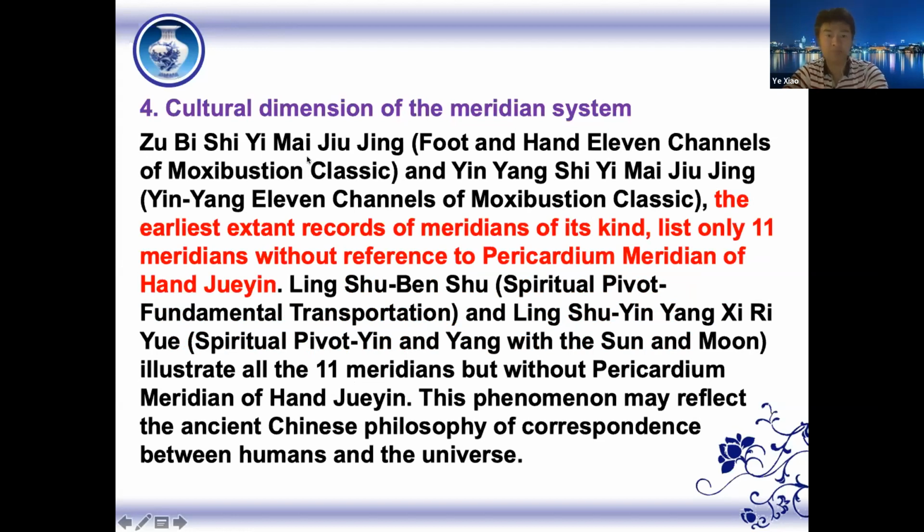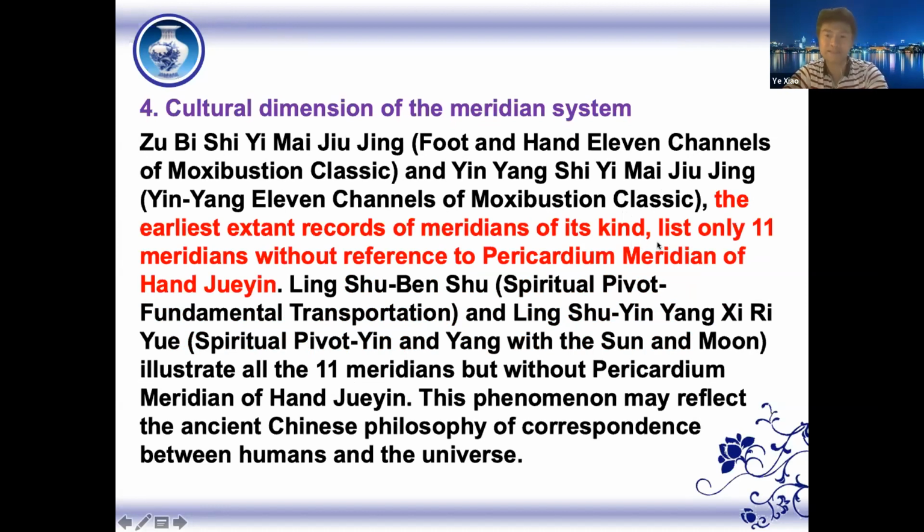足臂11脉灸经, foot and hand 11 channels of moxibustion classic, and 阴阳11脉灸经, yin and yang 11 channels of moxibustion classic. These are the earliest extant records of meridians of this kind.